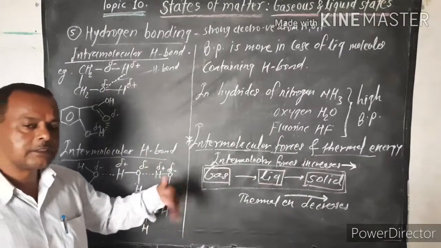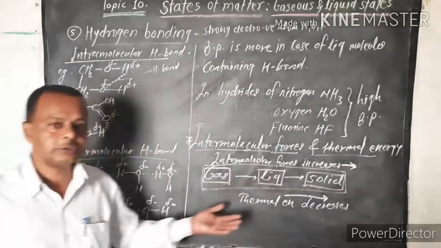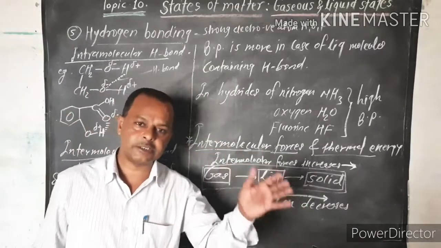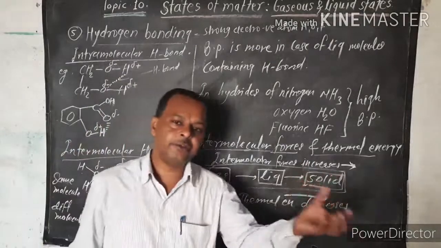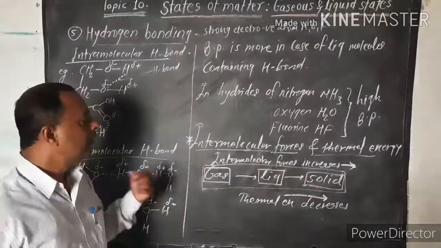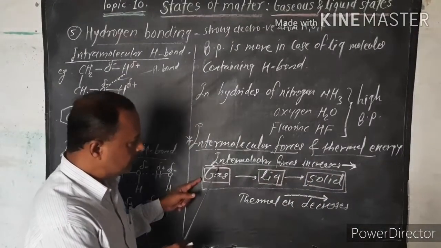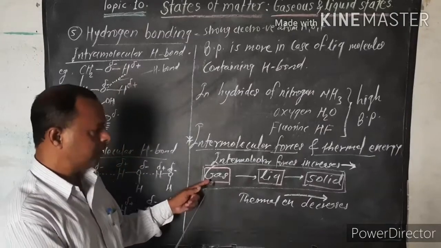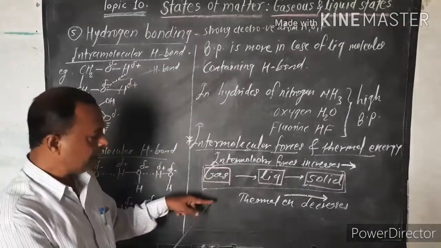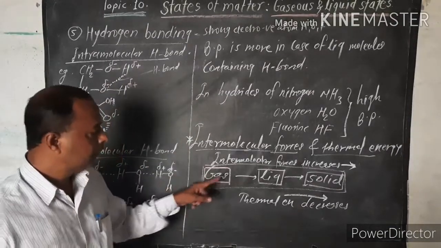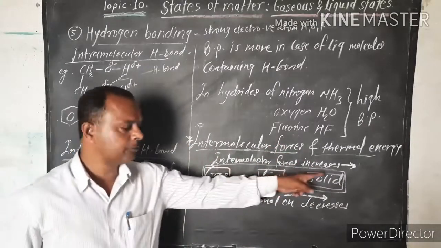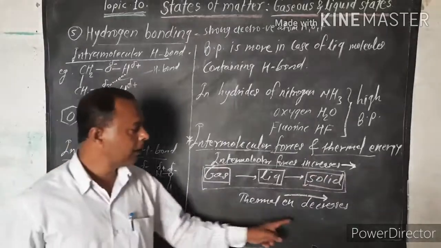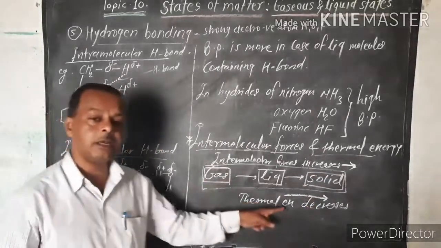Intermolecular force of attraction is an attractive or repulsive force present between particular molecules. So the intermolecular forces increase from gas to solid, while at the same time thermal energy decreases. What is thermal energy?